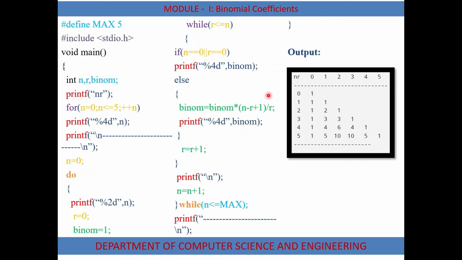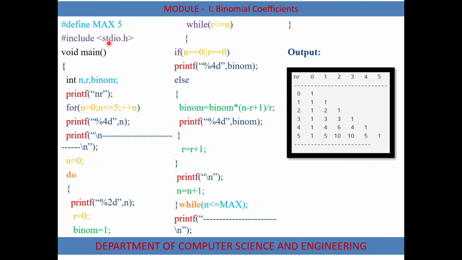The program employs one do while loop and one while loop. Let's see the program. Hash define MAX 5. This is the symbolic constant where the value of the variable MAX is 5, so the value of this variable is constant.